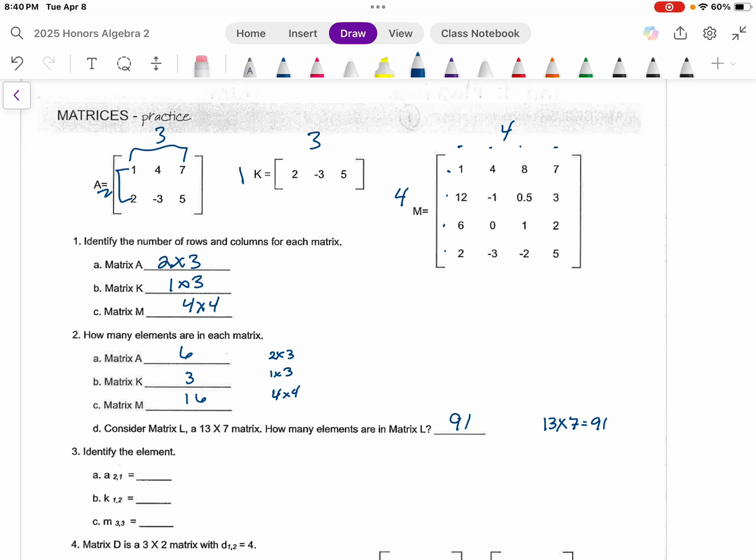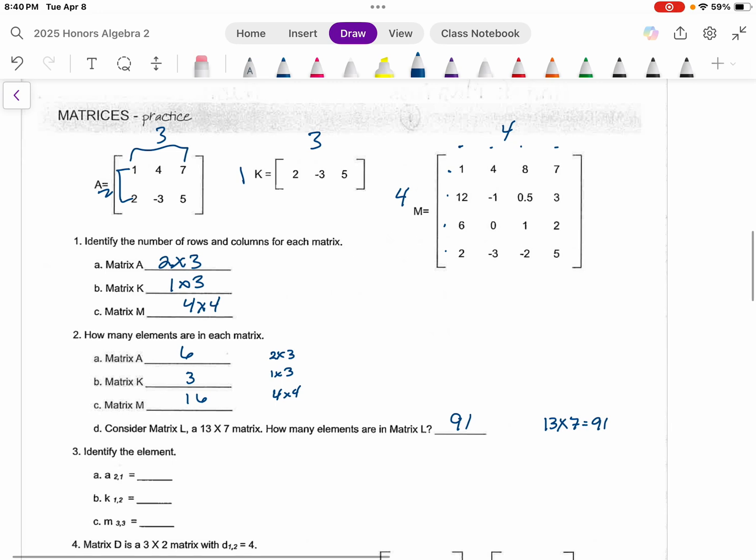So if we were able to draw it, it'd be, sorry, my pen's not working, there we go. It would be 1, 2, 3, 4, 5, 6, 7, 8, 9, 10, 11, 12, and 13.